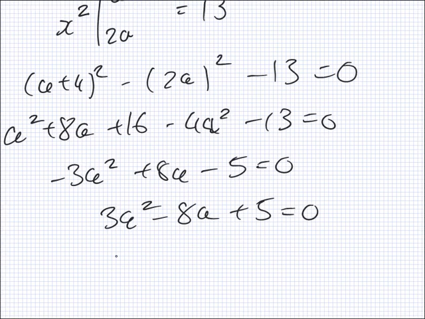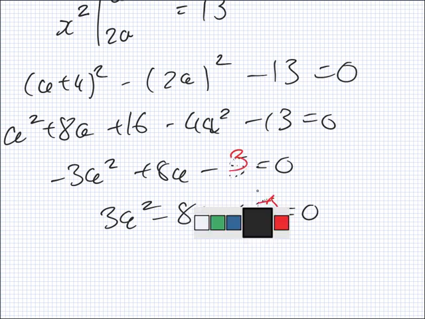No, sir, 16 minus 13 is not 5. It's 3. So it's plus 3. It should be plus 3 and then minus 3 at the end because you switch the signs. Thank you. I hope this has factors.